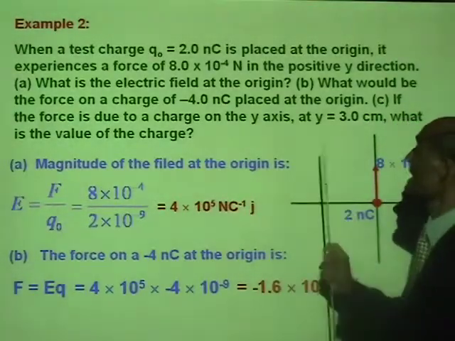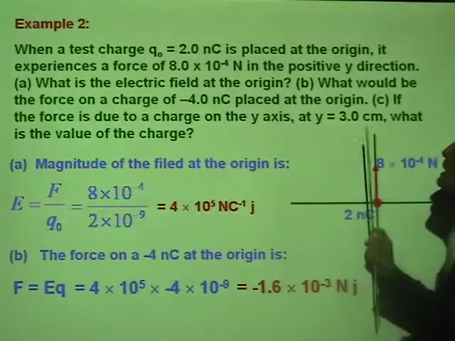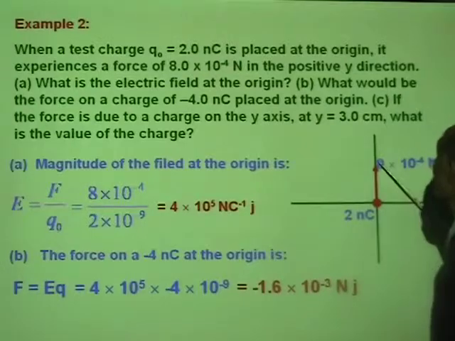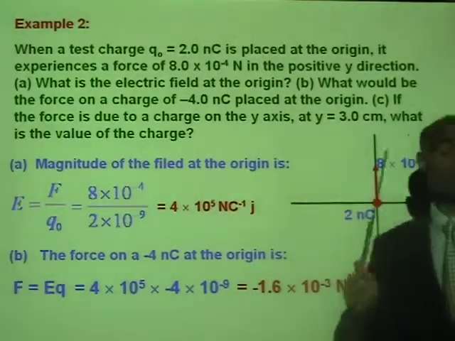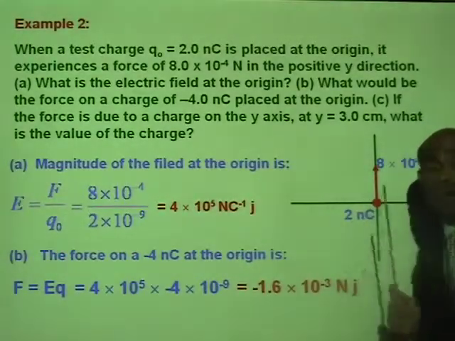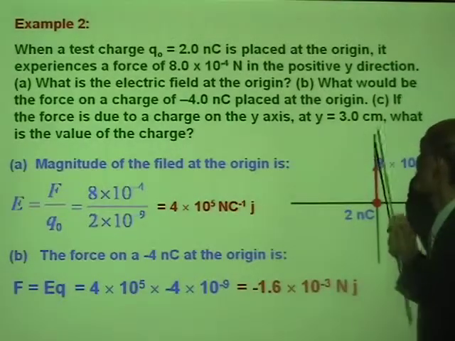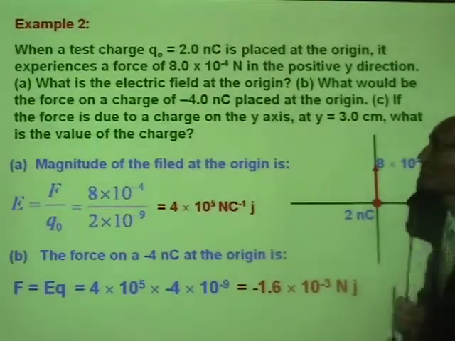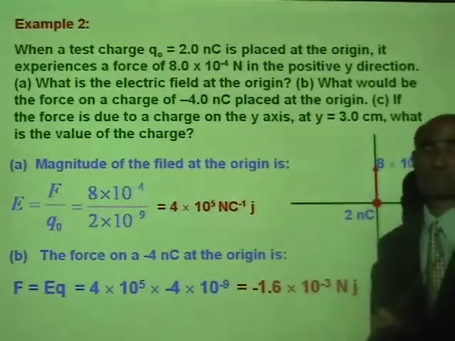What this part says is that this electric field at the origin is due to a charge placed at y equal to 3 meter. We were not told that earlier. There is an electric field at the origin because there is a charge placed at y equal to 3. What we need to now do is find the value of that charge.